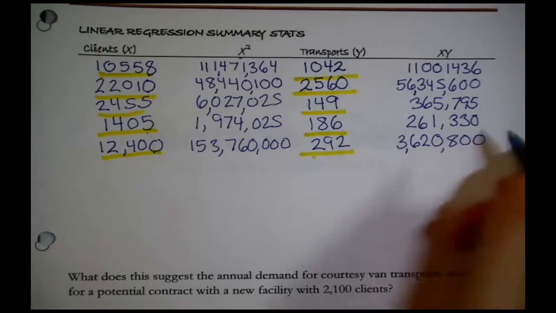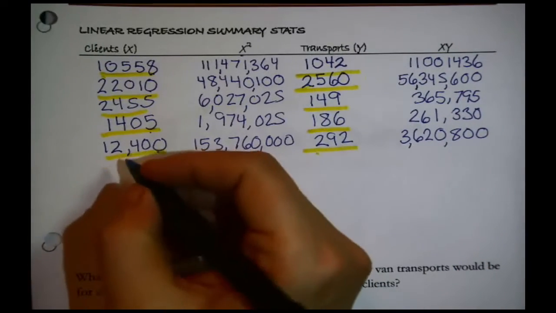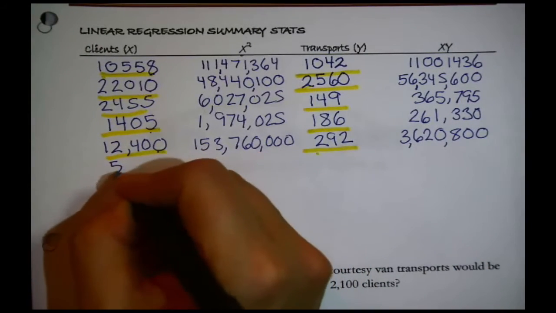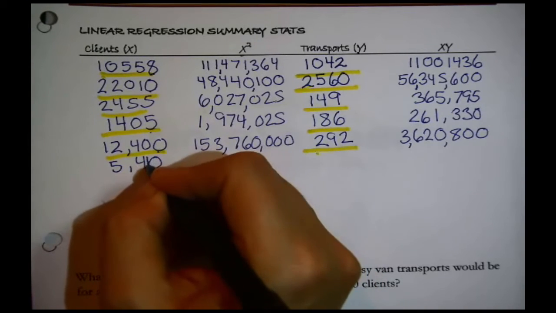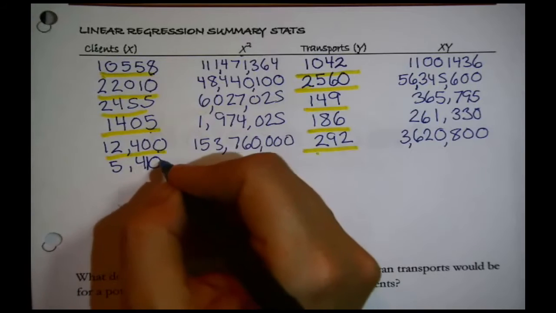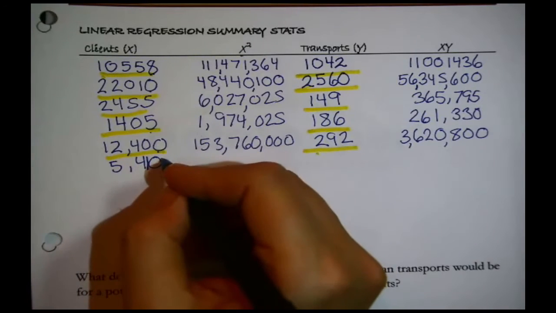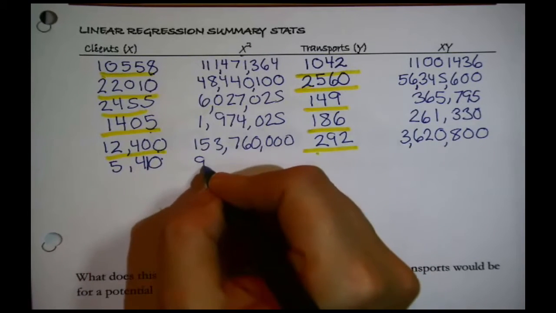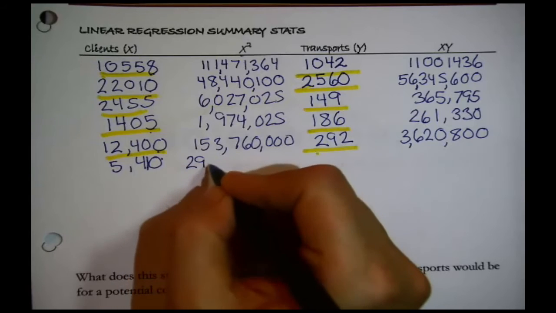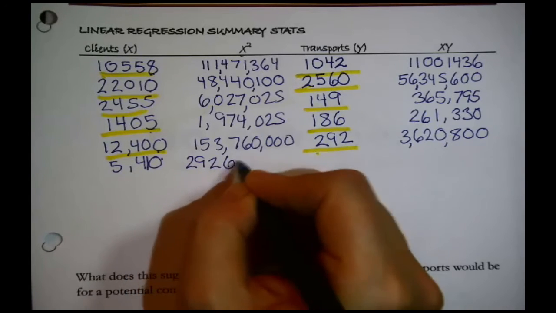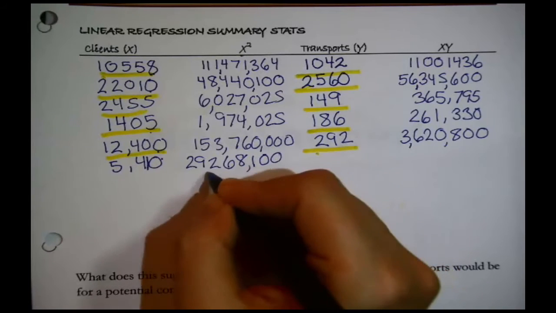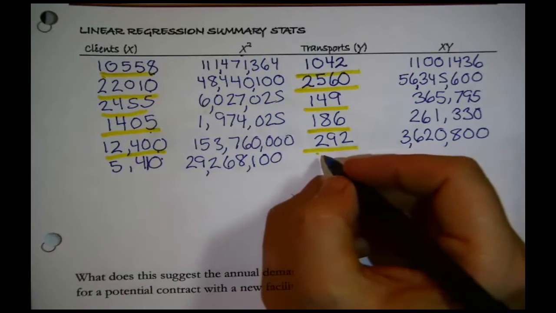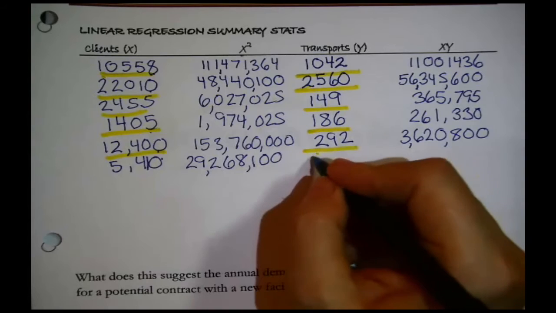All right, sixth contract. Well, there's only 5,410 clients. Whoops, there's supposed to be a 1 in there. 15,410. Square that number. Okay, 229,268,100. Okay, now the sixth contract, how many transports?